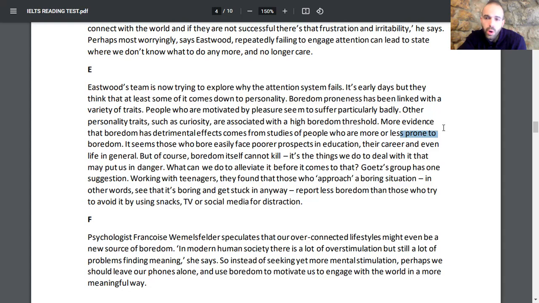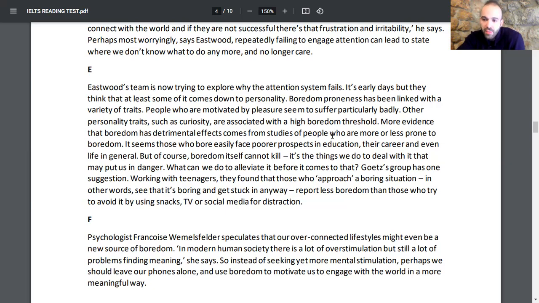And as you can see, we are still applying the strategy here. The answer is still at the very beginning of the paragraph. So I told you, you don't have to read the whole paragraph to match the heading. Most of the paragraphs are totally matching the strategy I have just explained.